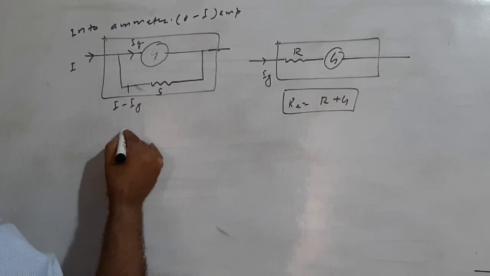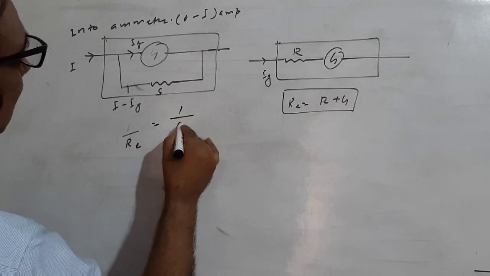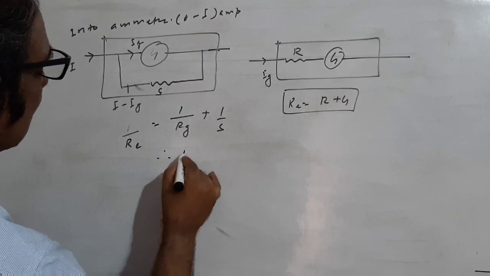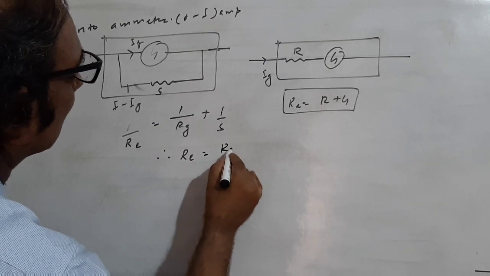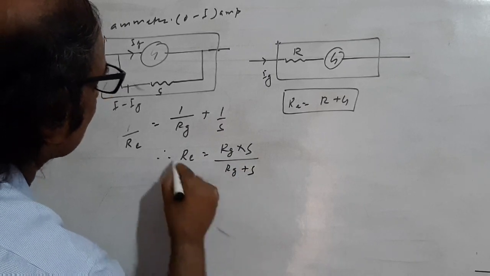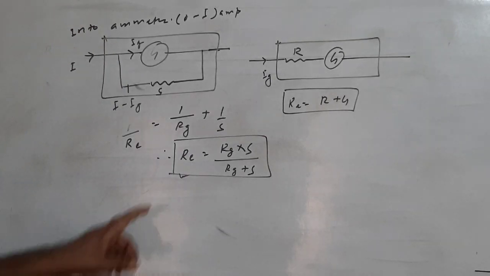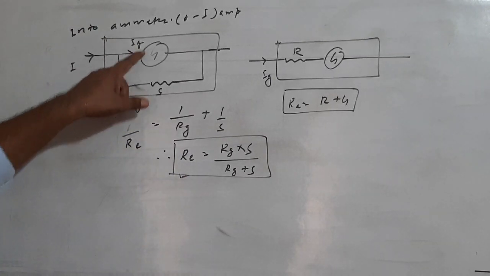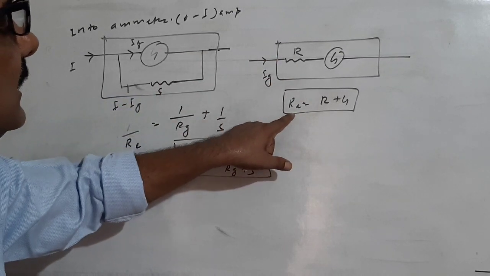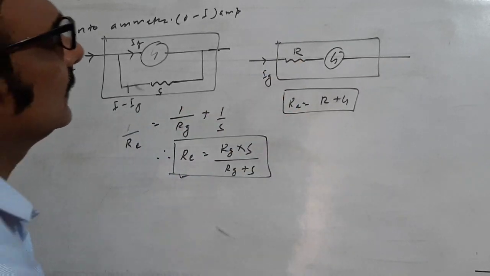And in this situation, the total resistance: 1 by Re equals 1 by Rg plus 1 by S, and in this way Re equals Rg into S by Rg plus S. So the total resistance can be obtained when a galvanometer is converted into the ammeter.